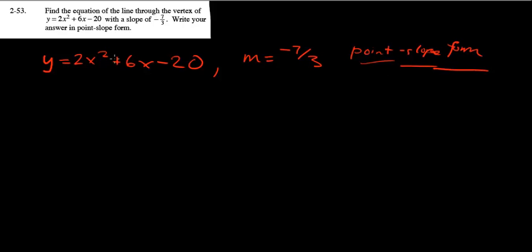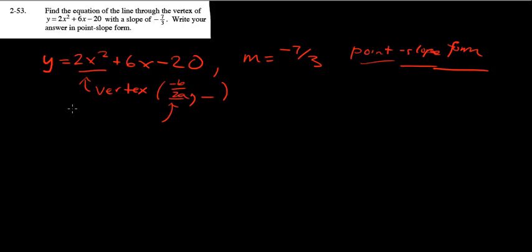Okay, so the vertex. So this is a parabola, right? It has a squared term, so it has a vertex. So how do we find the point of the vertex? A vertex is at some point x comma y. Well, we know the x value is going to be negative b over 2a.